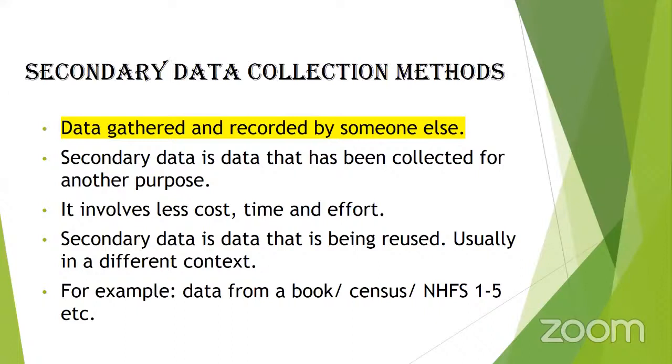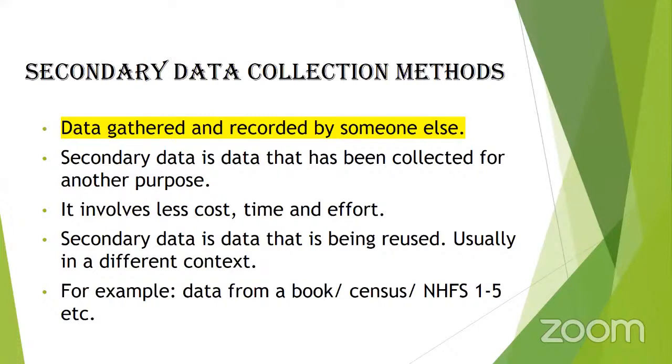If there is a survey to see the prevalence of hypertension in an urban population, and it was published, now I'm using that data to document the burden of metabolic syndrome also, because they have also recorded triglyceride, cholesterol, and other parameters required to answer the question of metabolic syndrome.